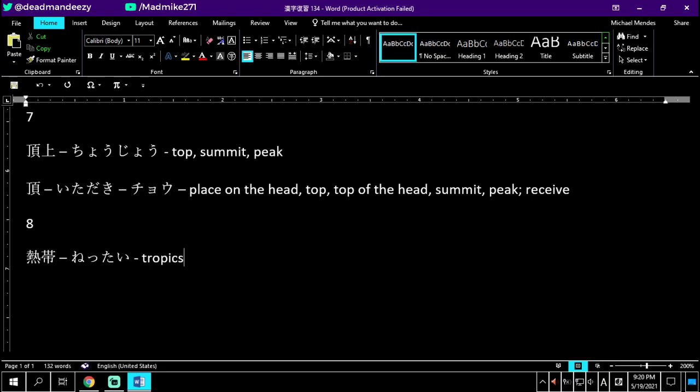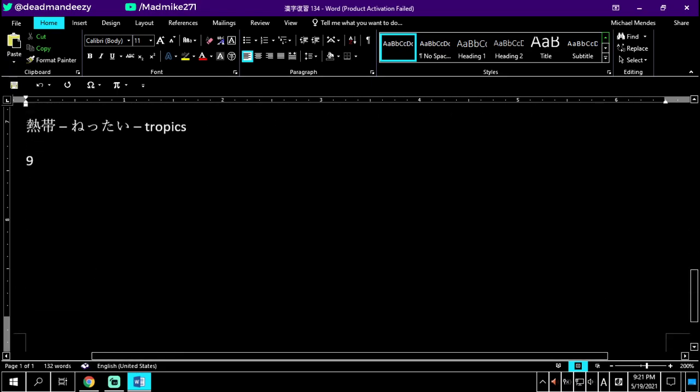Tropics. Is the belt of feverishness or the tropics. The hot belt around the world is nettai, tropics.